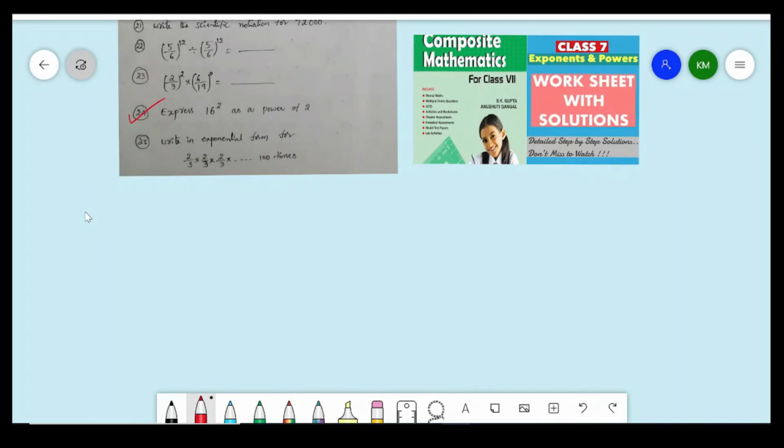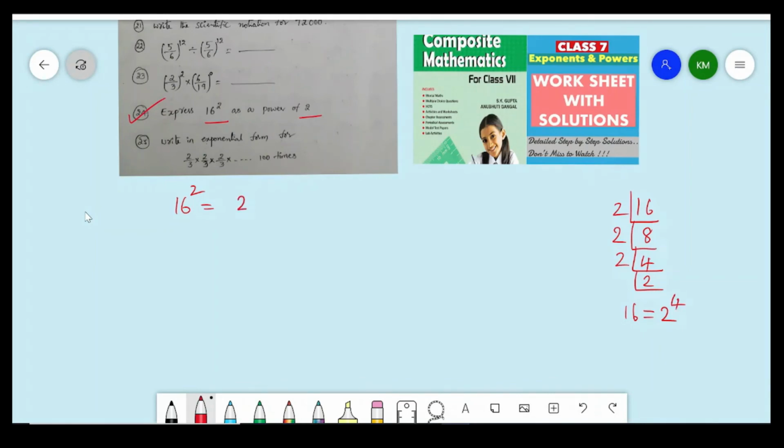They are asking to express 16 squared as a power of 2. Very simple. I have to write 16 squared as a power of 2. So for 16, I am prime factorizing: 2 eights are 16, 2 fours are 8, 2 twos are 4. So 16 can be written as 2 raised to the power 4.